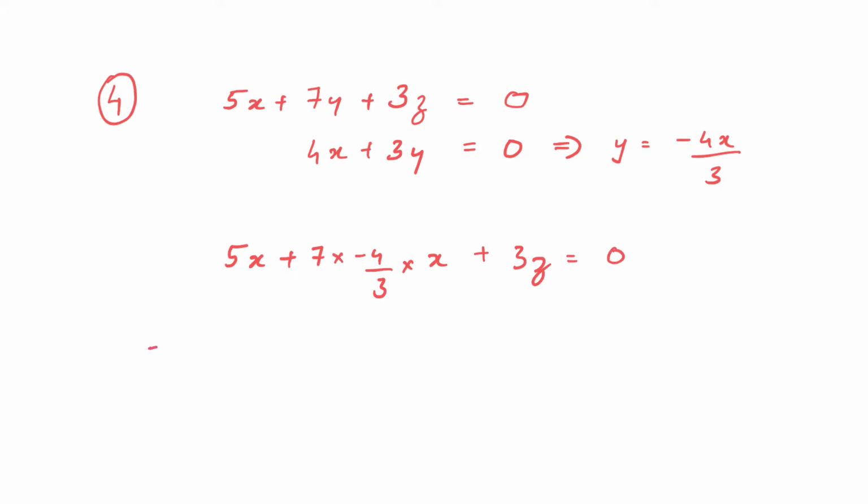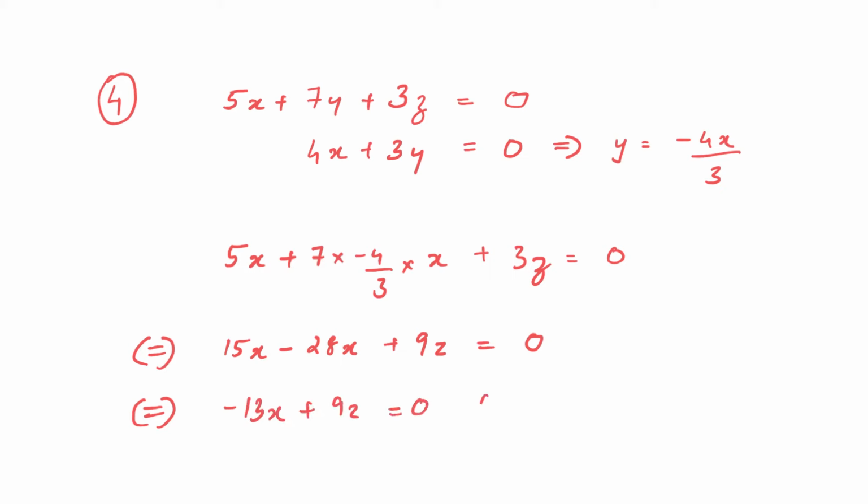Now this can be simplified as 15x minus 28x plus 9z is equal to 0, which can again be rewritten as minus 13x plus 9z is equal to 0, or z is equal to 13 by 9 into x.